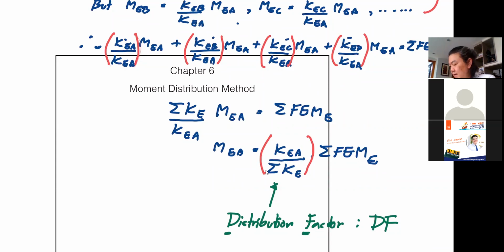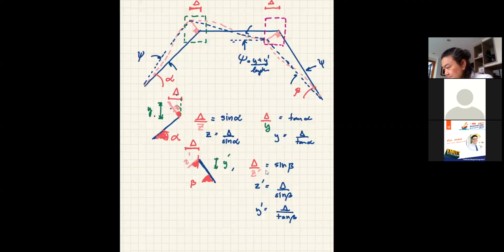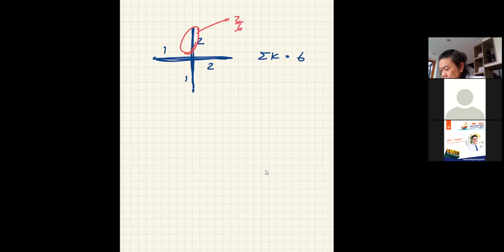Okay, let's say I have a joint like this, and let's say this member's stiffness is 2, this is 1, this is 1. The sigma K is 6, right? And that means this member will contribute in resisting the moment equal to 2/6.